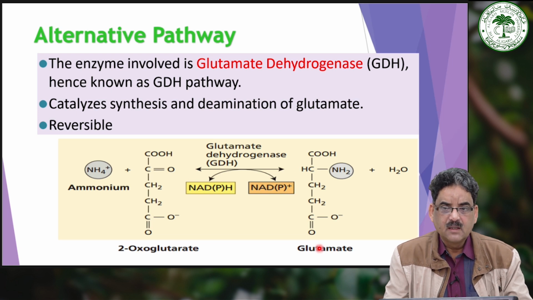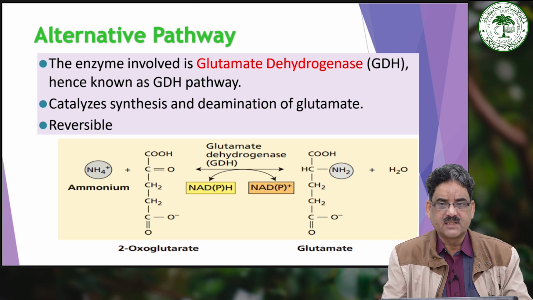In plants, there are two distinct types of GDH. One type known as NADH dependent GDH, which operates in mitochondria and relies on NADH as the reducing agent for the reaction.